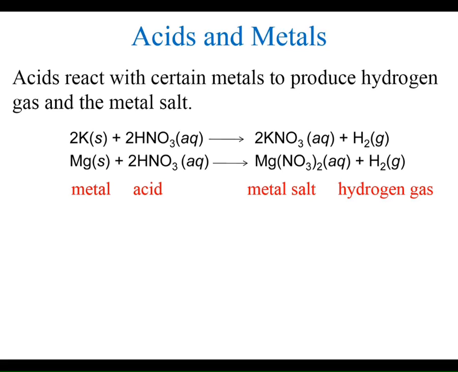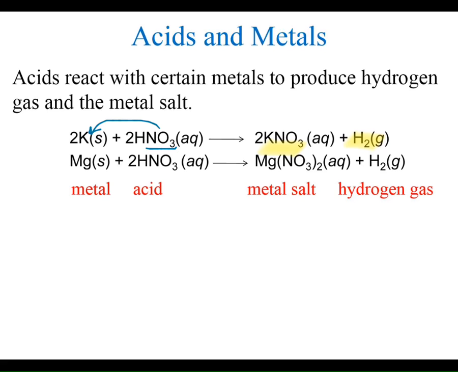Can you see what happens here? Let me doodle here. All right, so this moves over with the potassium and makes potassium nitrate, right? And then it leaves hydrogen by itself. Well, hydrogen by itself is one of the diatomics, so it winds up becoming H2.